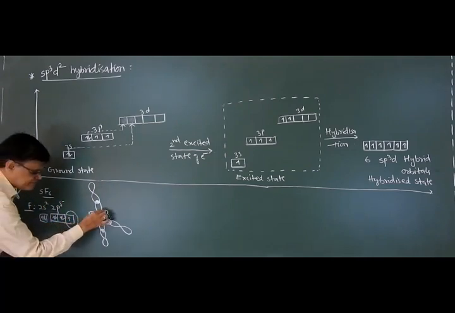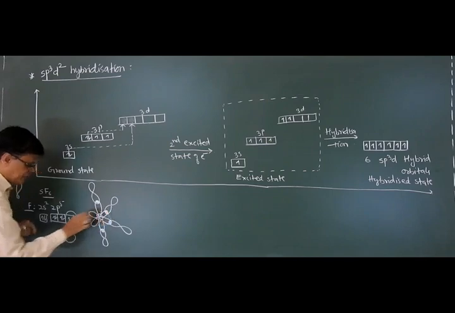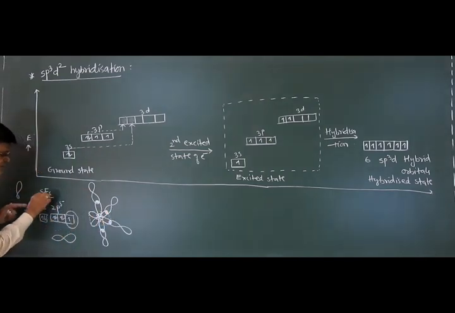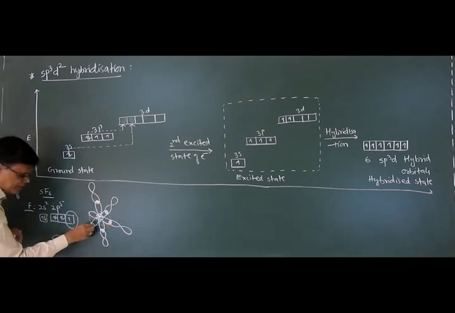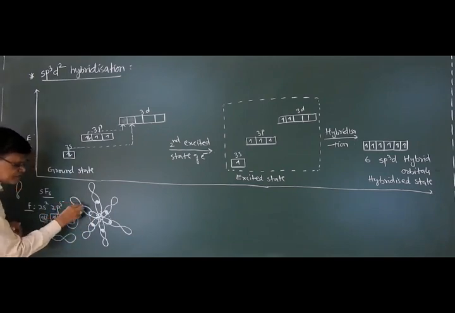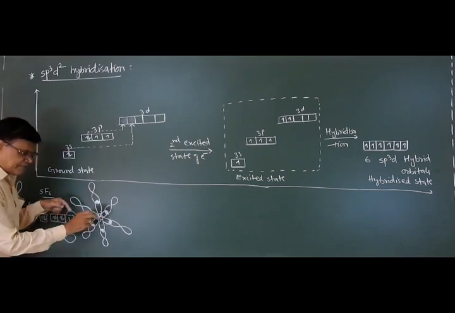Now here also the same. P orbital of fluorine atom. 6 fluorines are there, 6 pz orbitals. 1, 2, 3, 4. 2 more orbitals like this. Right? Now see here. Sulfur is in the middle.